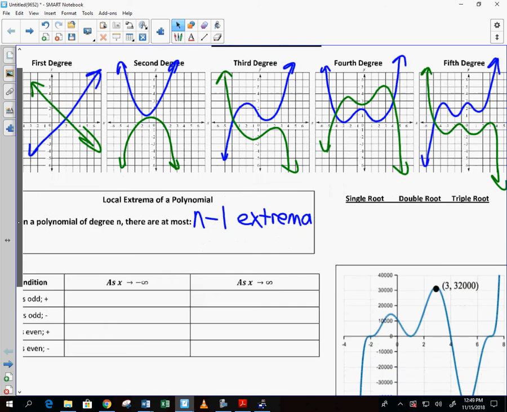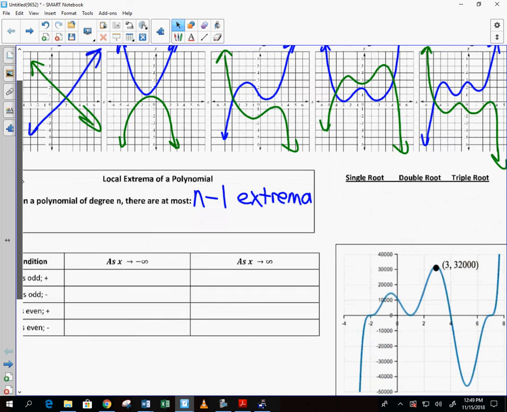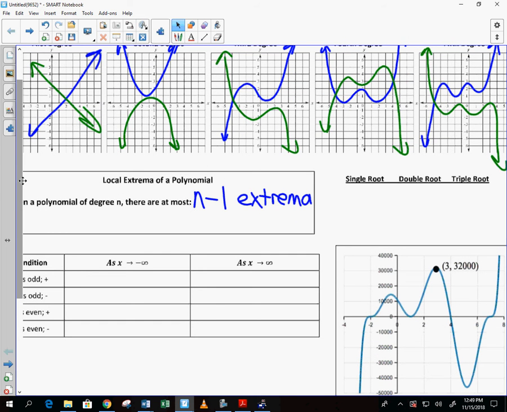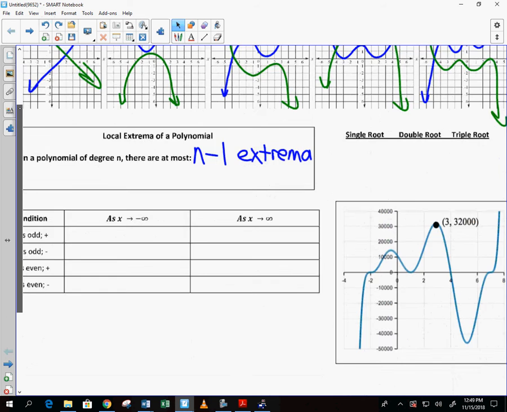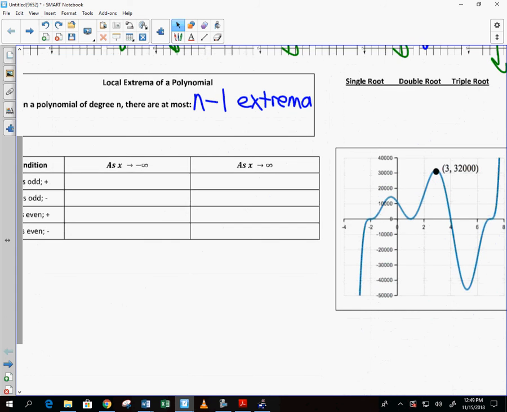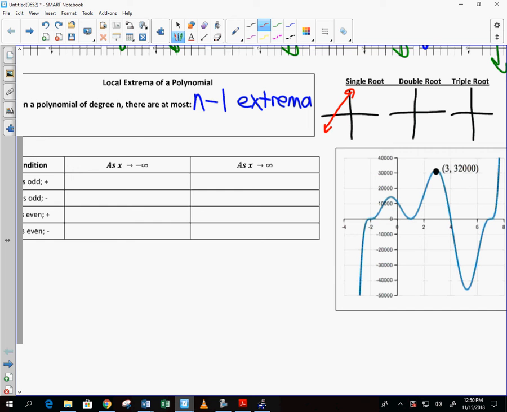All right. Then we move on to this idea. If you notice, these polynomials may pass through spots on the x-axis. Wherever a polynomial passes through the x-axis, we call that a zero or a root. And we have different types of roots that exist. When a polynomial passes through and it kind of just goes straight through without any change in shape, we call that a single root.